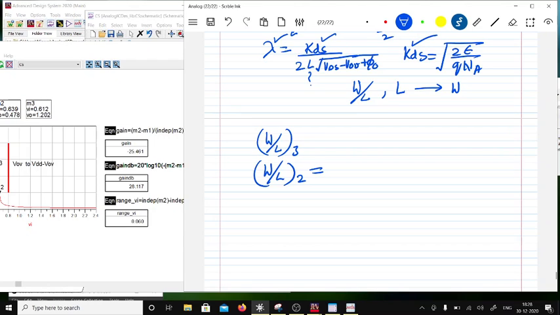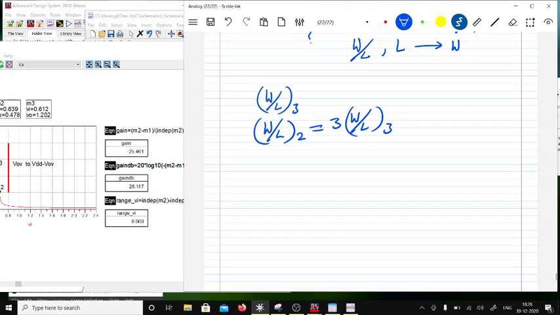If the mobility is like 1/3 for a PMOS transistor, it will be 3 times W by L3, correct? So now you have that second transistor figured out, and you choose L3 to be the same as L2, so you will have W3 and W2 figured out.